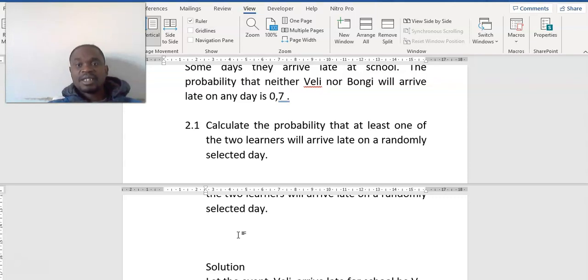Probability that at least one boy will come to school late. What is it going to be? So probability that at least one boy, I'm using this one to represent one boy.